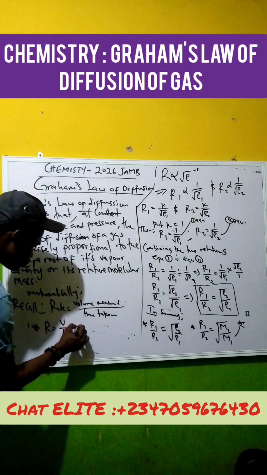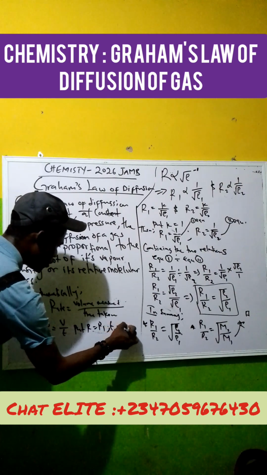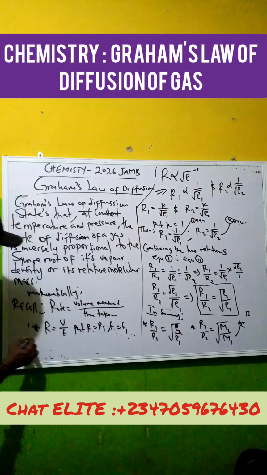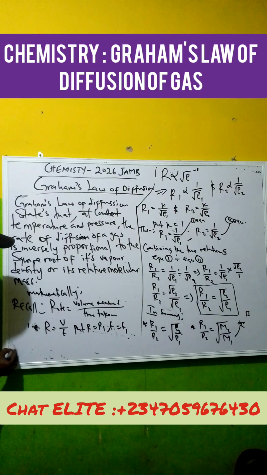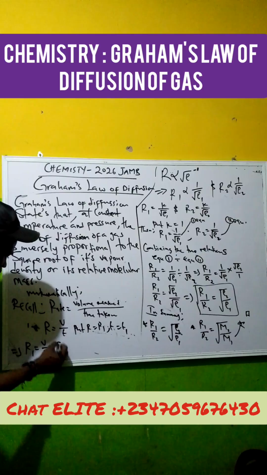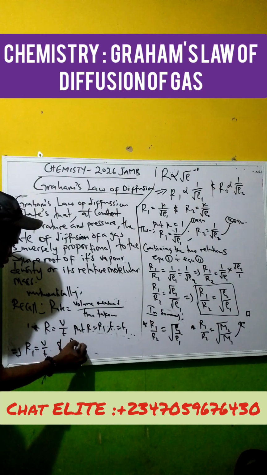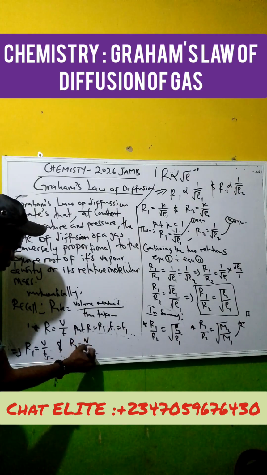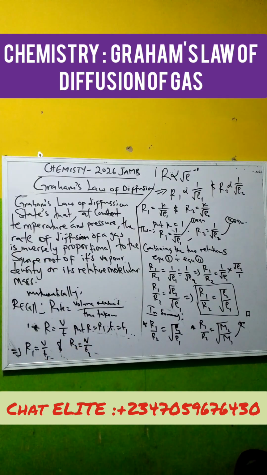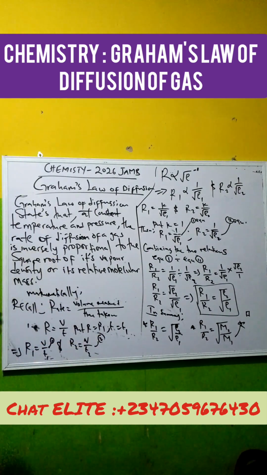So we can put R equals R1 and T equals T1. It implies that R1 is equal to V over T1, and obviously we should have the other part of it. That will be R2 is equal to V2 over T2. The same thing applies here, we are going to combine these two relations. So this one can be our equation 1 as well, and equation 2. Alright, so no issues.